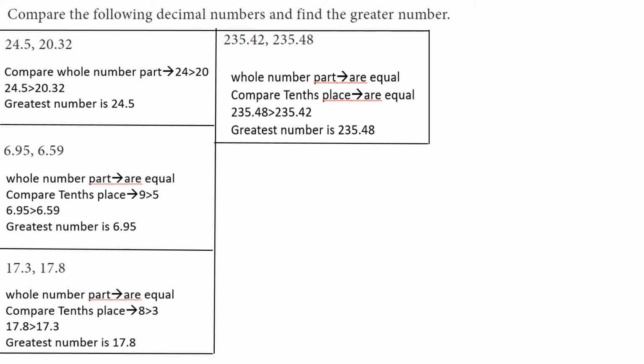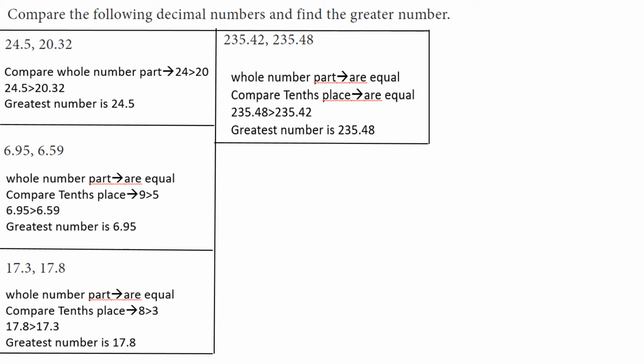Therefore greatest number is 24.5. Next 6.95, 6.59. Here whole number part is equal. 10th place 9 greater than 5. Therefore 6.95 greater than 6.59. Greater number is 6.95.